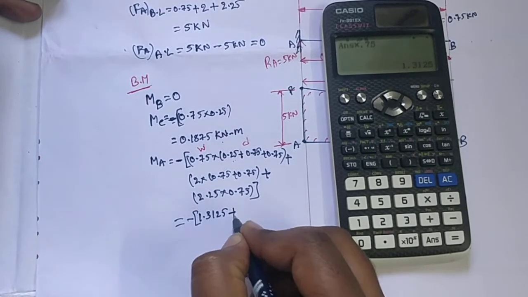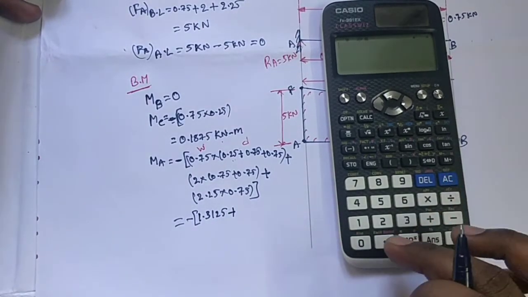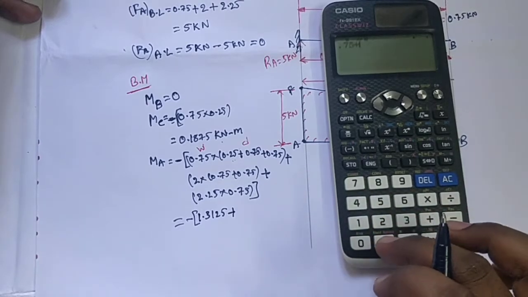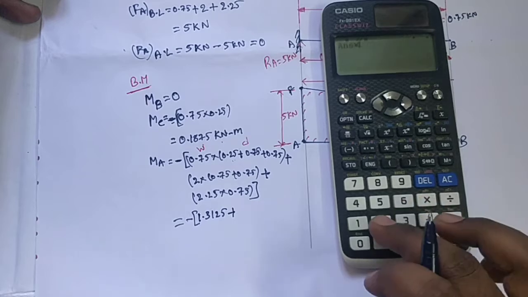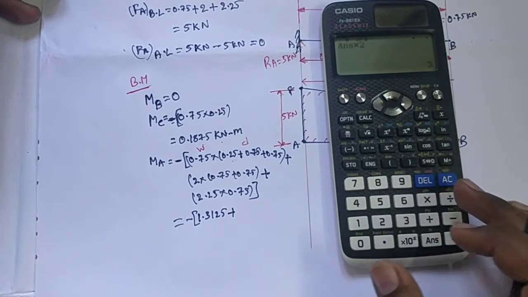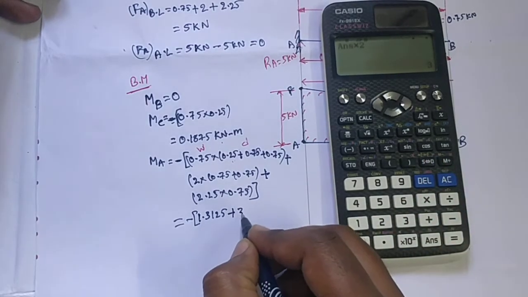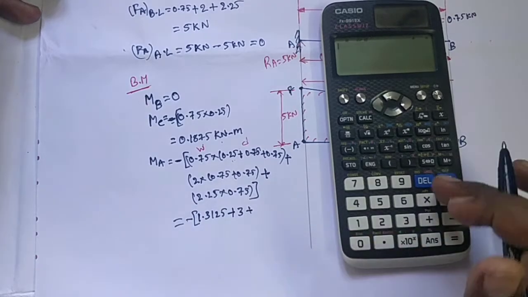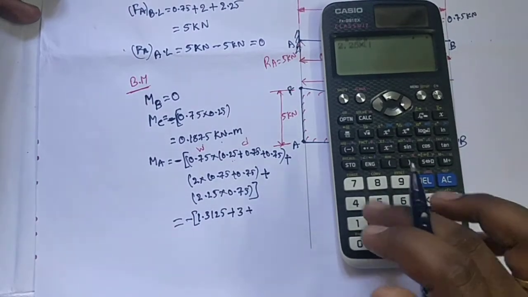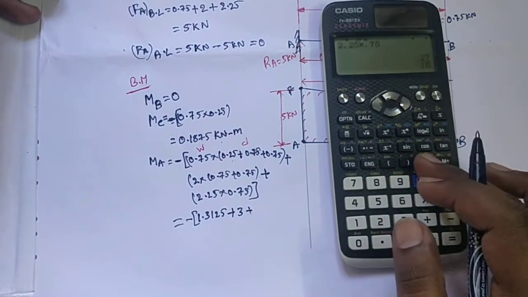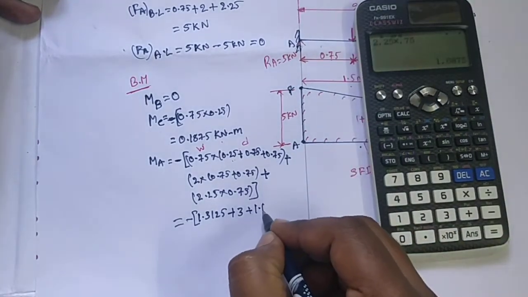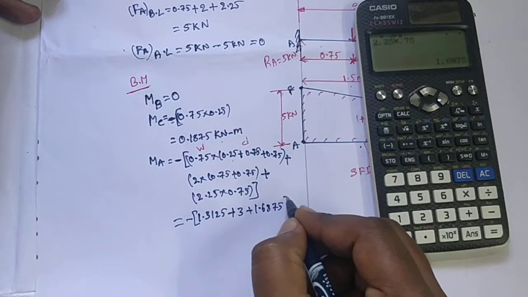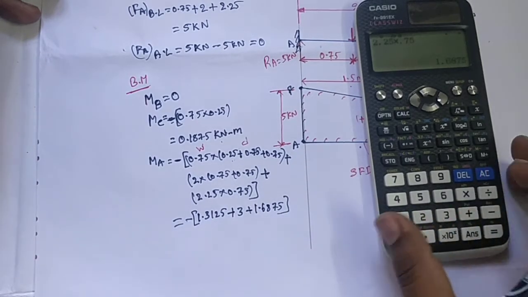Plus the second load, that is 0.75 plus 0.75 into distance, we got the value 3. And the last load, that is 2.25 into 0.75, we'll get the value 1.6875. Okay, then add the three values.